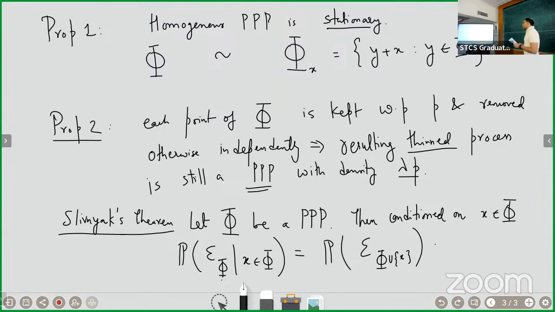It's also sometimes called the Palm method, or Palm probability. Okay, so how can we use this to compute something interesting? But otherwise it would be hard.